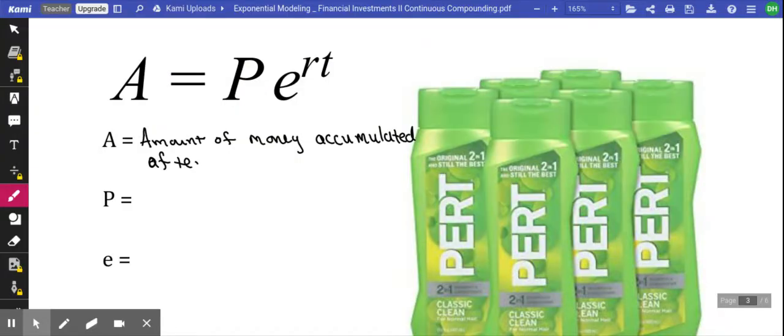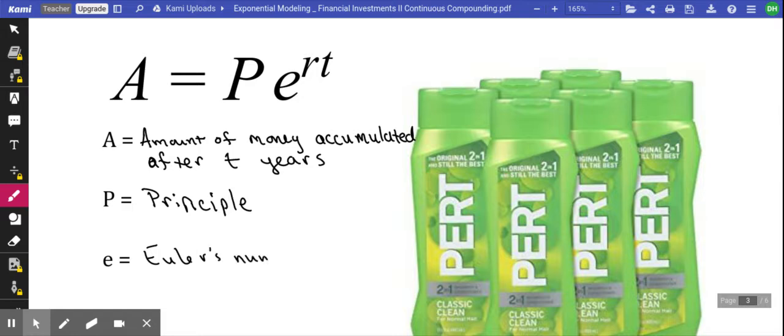P is your principal, your original investment. E is Euler's number. If you remember from our conversation last week, E is approximately 2.718... It is what we call a constant.